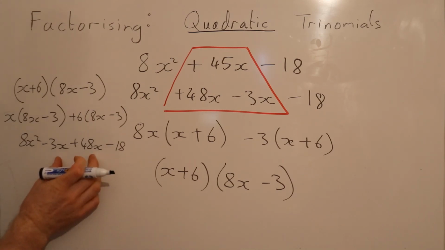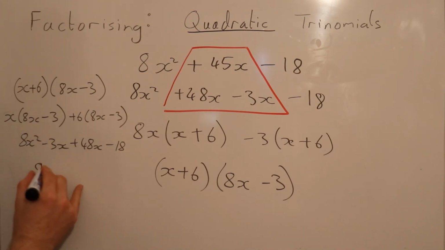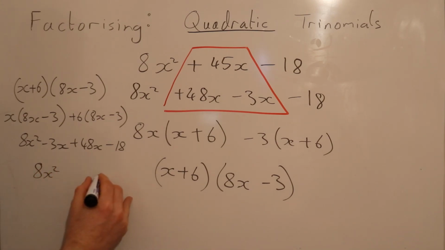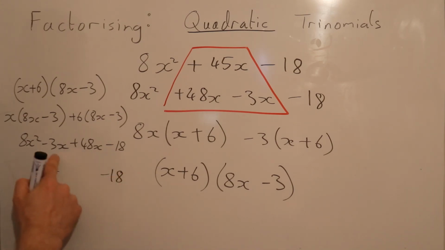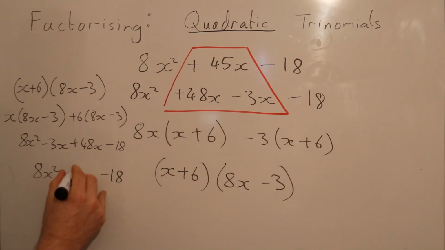And these two terms, they're the same type. They have the same powers. The signs aren't important, the numbers aren't important, it's the powers and the x that make us determine that they're the same type. So 48, take away 3 of them, we have 45 of them.